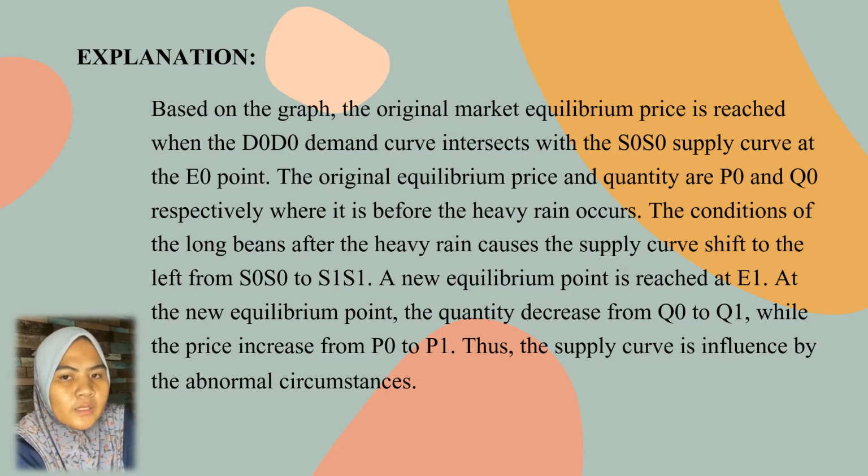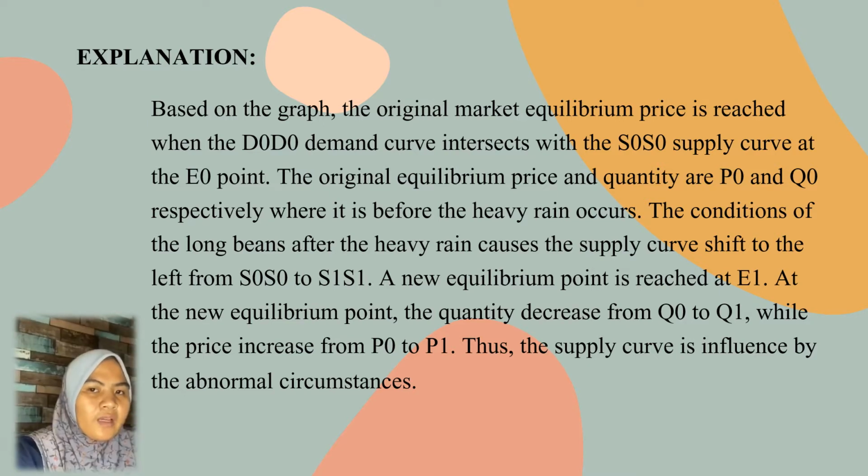The condition of the long beans after the heavy rain caused the supply curve to shift to the left from S0 to S1. A new equilibrium point is reached at E1.